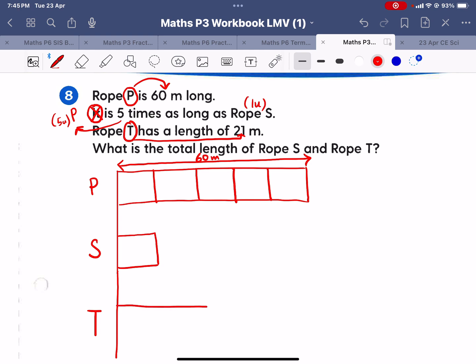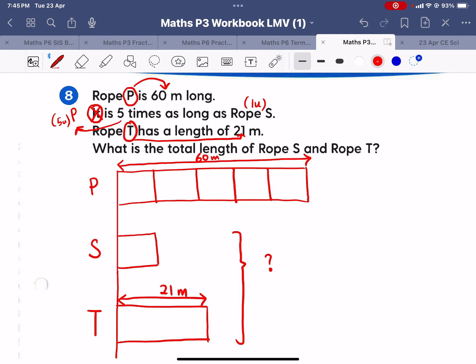But 21 is most likely going to be about less than half of 60. So I'm going to stop my model drawing over here and say that this is about 21 meters. What is the total length of S and T? So that means to say, I would like to know the sum of these two.